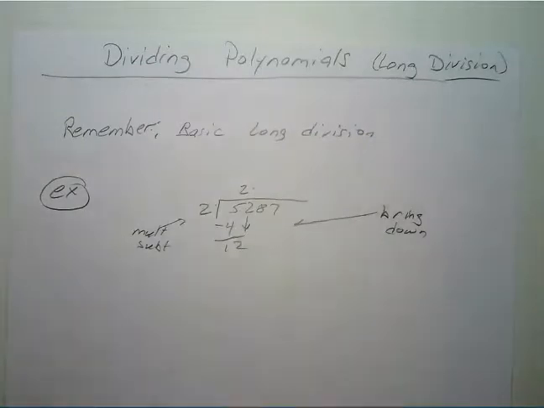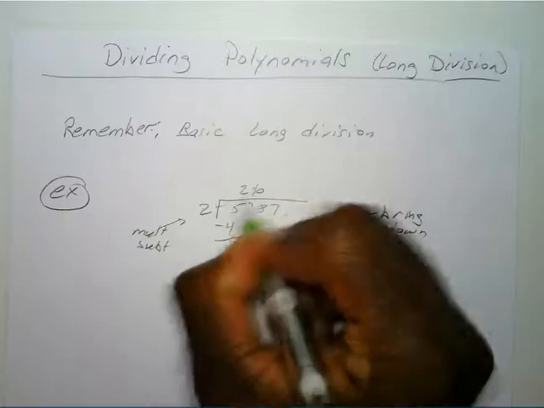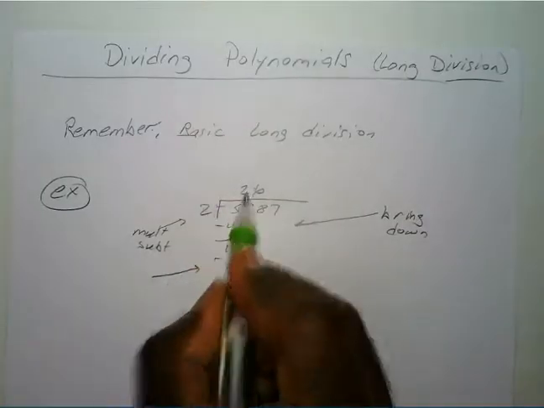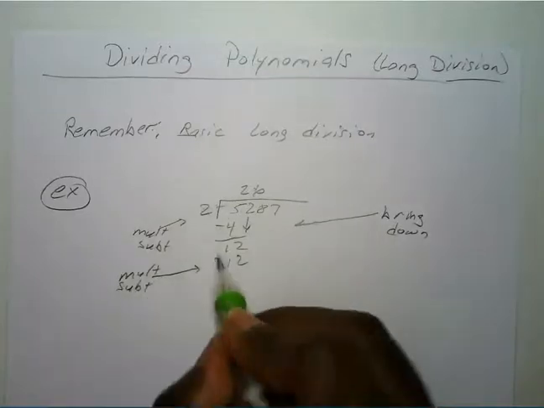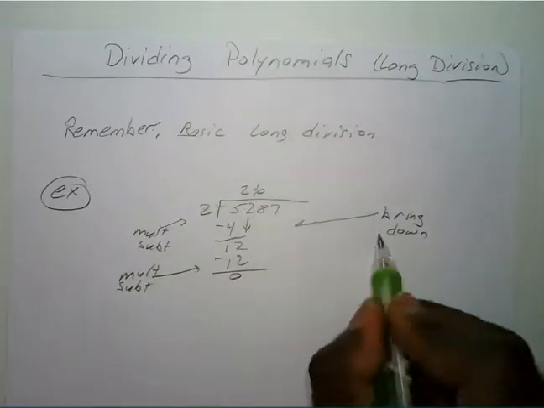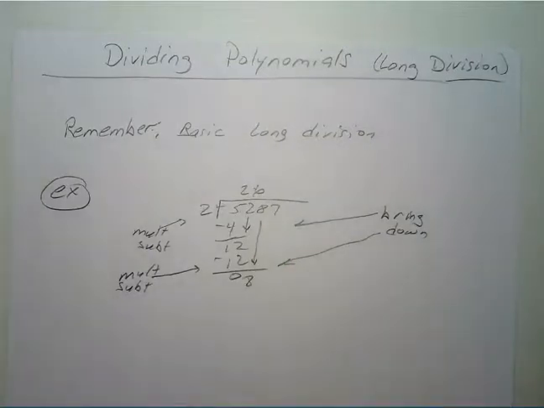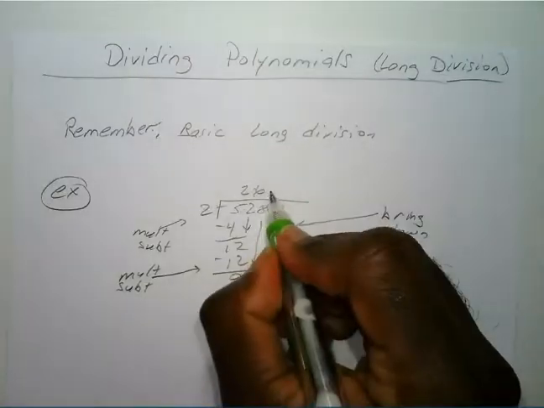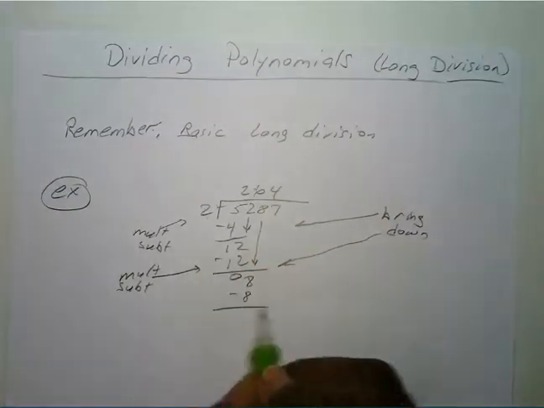the 2. Okay, 2 goes into 12 6 times. 2 times 6 is 12. Again, we multiply, then subtract. And then we bring down. Okay, 2 goes into 8 4 times. 2 times 4 is 8.